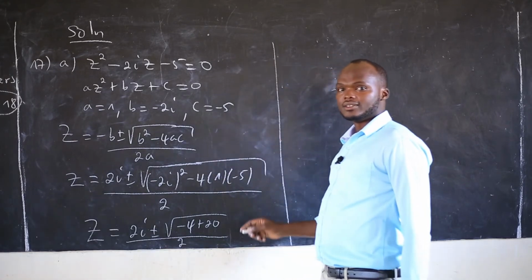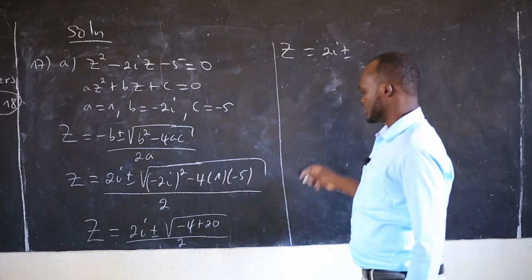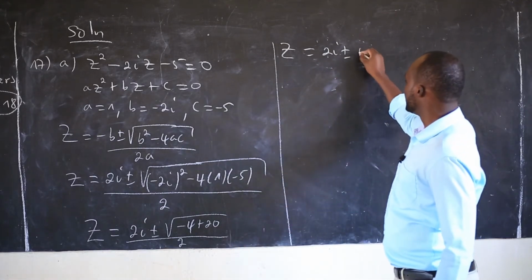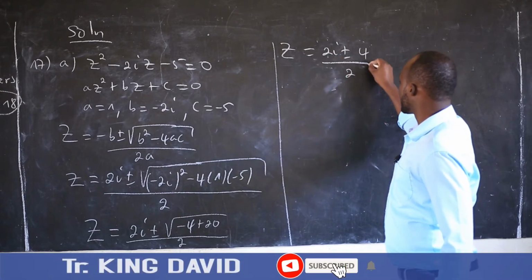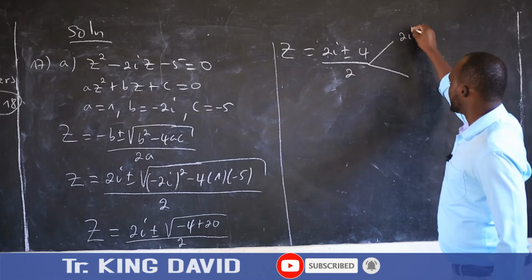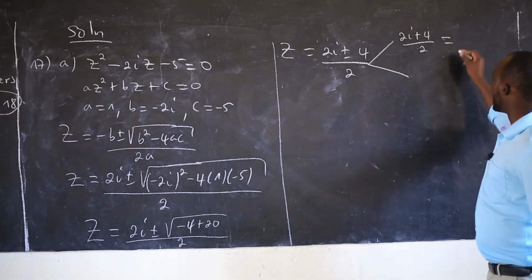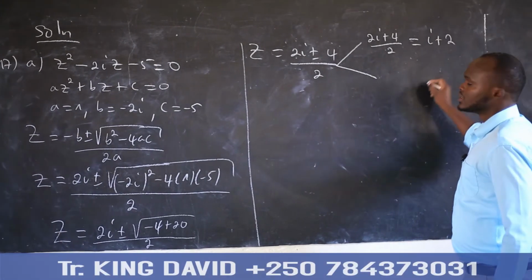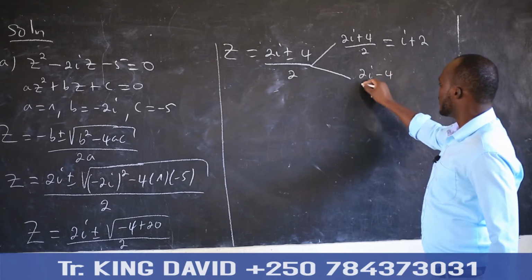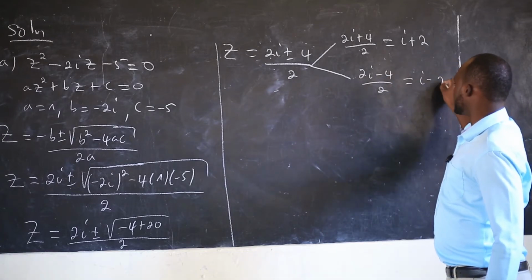So z is 2i plus or minus the square root of 20 minus 4, that's 16. The square root of 16 is 4, divided by 2. So 2i plus 4 over 2, where the answer is i plus 2. Then 2i minus 4 over 2, where the answer is i minus 2.